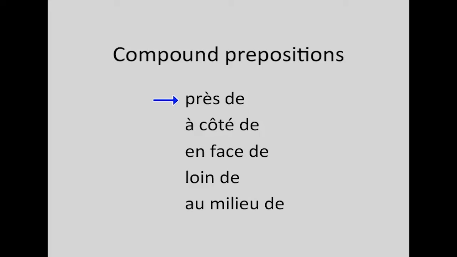Près de, à côté de, en face de, loin de, au milieu de. Since a contraction always occurs with the word the, when the word following is a masculine or a plural noun, these 5 prepositions always require a contraction. I'll illustrate each one with an example.